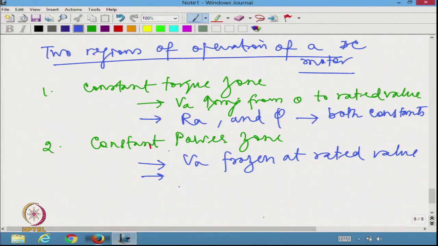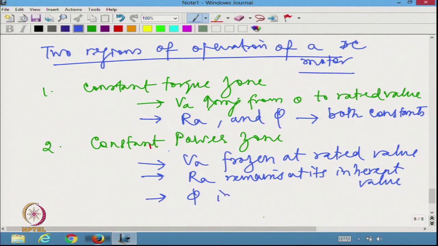It will not remain safe for the machine. Machine insulation will get ruptured. So, we will freeze Va at rated value, Ra remains at its inherent value, but flux is decreased. So, we are talking about only Va variation and flux variation.